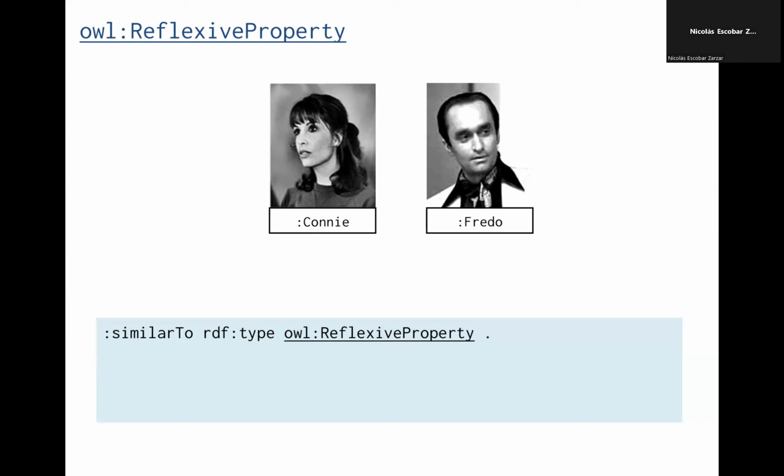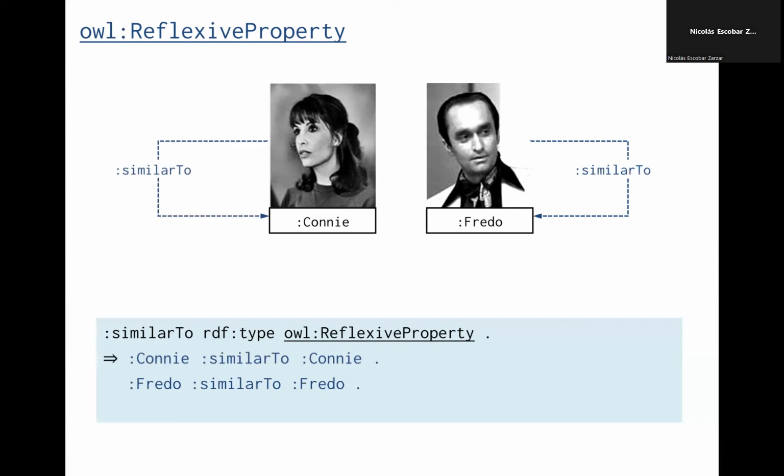Connie is similar to Connie, and Fredo is similar to Fredo. This is a kind of strange axiom to state, but it can be useful in combination with other definitions and axioms. It can give us some useful information. Everything is going to be similar to itself now.